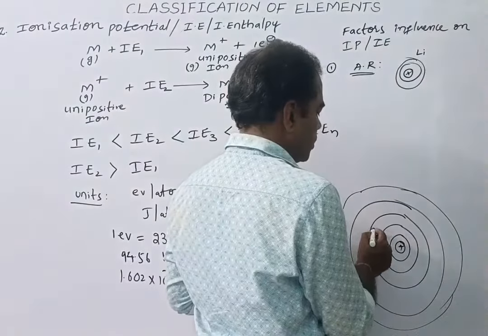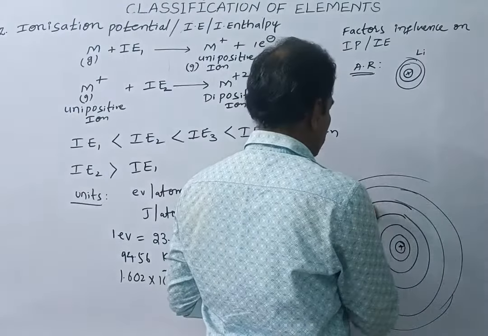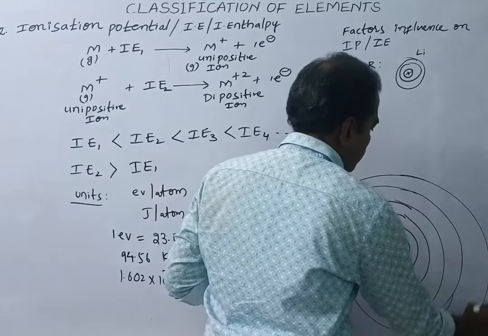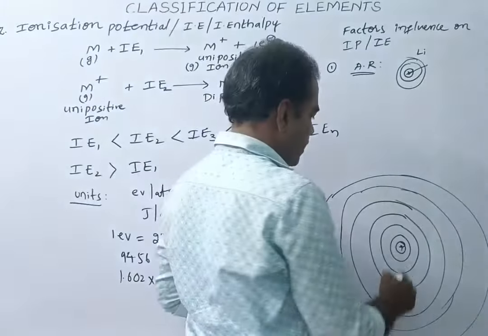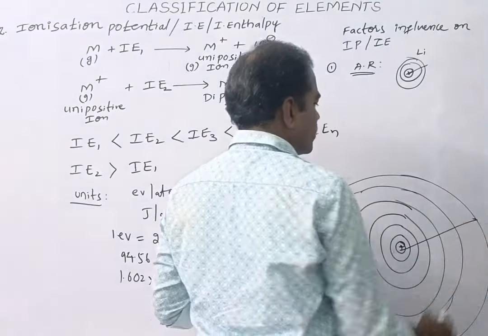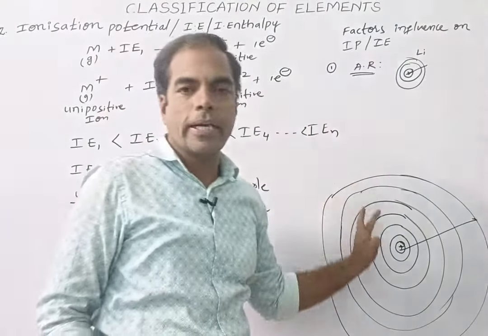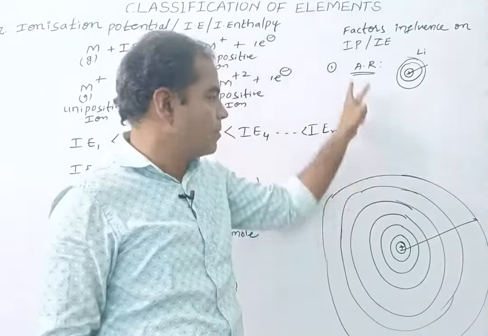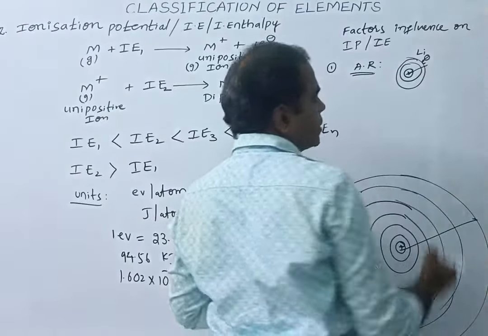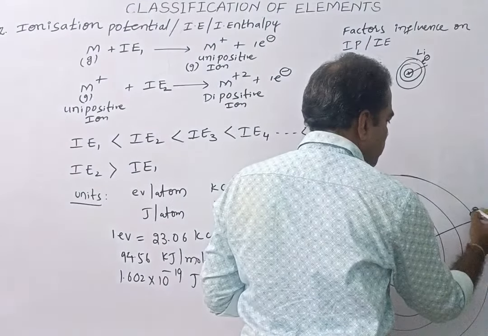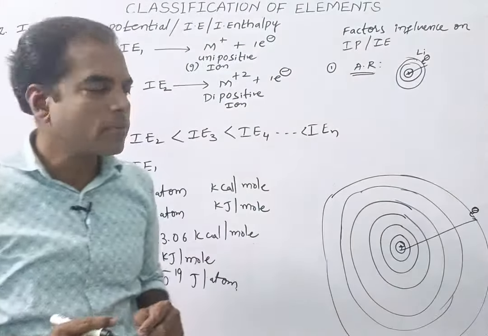That is 1, 2, 3, 4, 5, one more shell each time. Here is a small atomic radius, here a large atomic radius. So down the group, atomic radius increases. Let us imagine one electron is present in the valence shell here, and also one electron here.